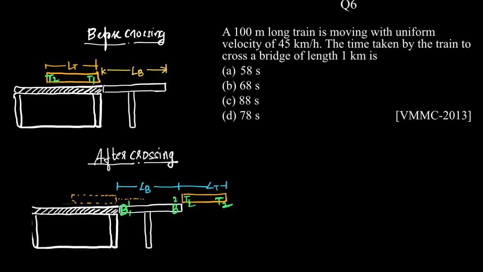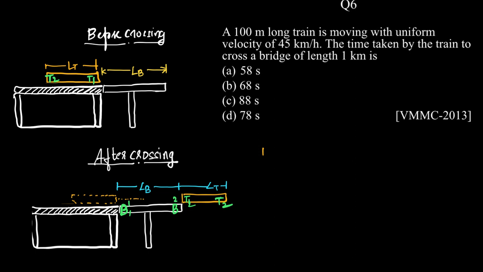So crossing completes when T2 overlaps with B2. Then we get a straight line B1, B2, T1, T2, so the whole distance becomes B1 to T2, and it can be drawn like this.